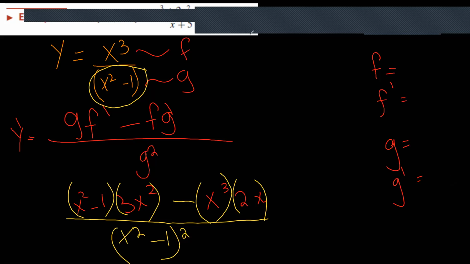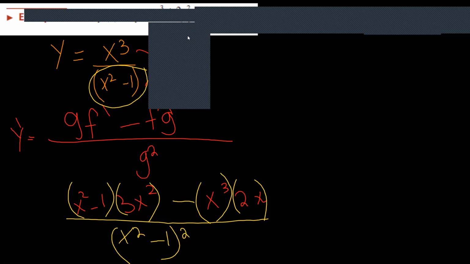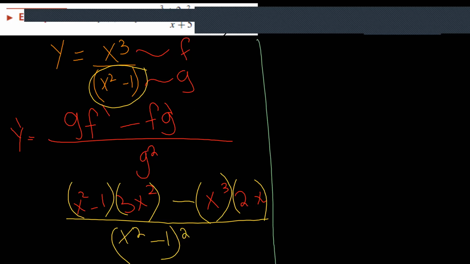Then let's simplify now. Three x squared, now I multiply 3x squared by each term. It will be 3x to the power 4 minus 3x squared minus 2x.